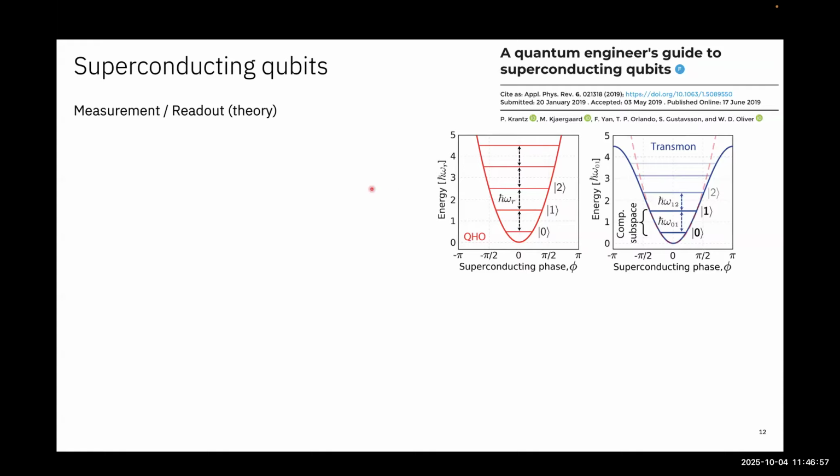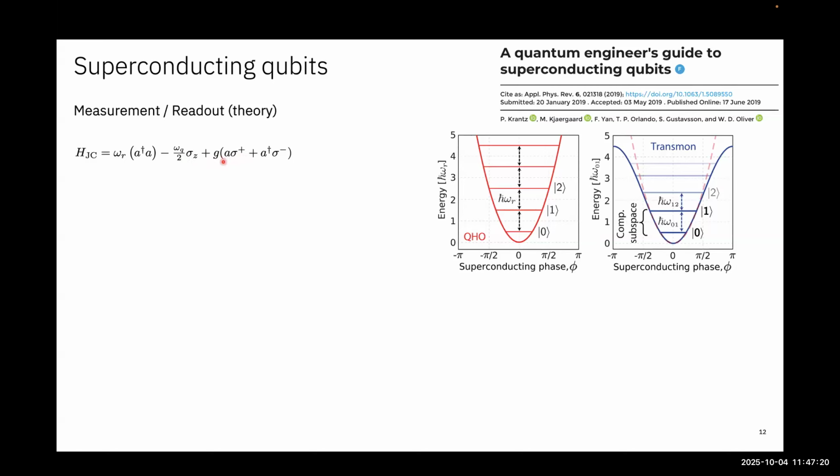And if you've gone through quantum optics, you will know about the Jaynes-Cummings Hamiltonian, which describes a two-level system coupled to a cavity. The Hamiltonian is given by this. You have the first term, which is the cavity or resonator term, the second term, which is your qubit term, and the third term, which is the interaction between them.